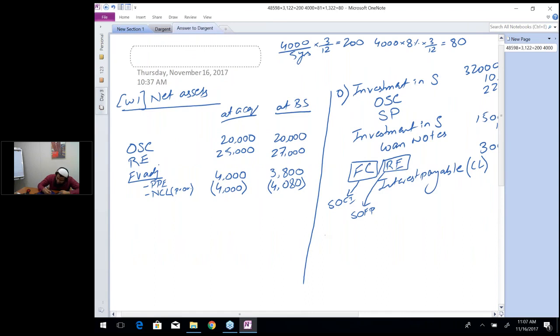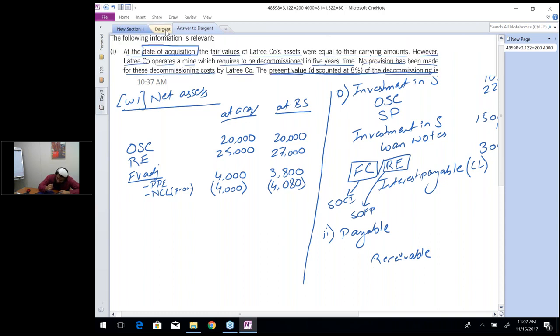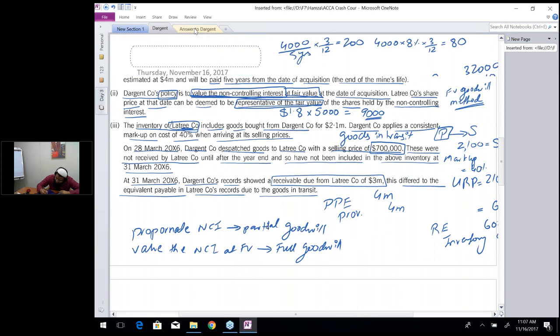So the entry that we are going to write for this adjustment is payable debit, receivable credit, and the amount of the receivable was $3 million.